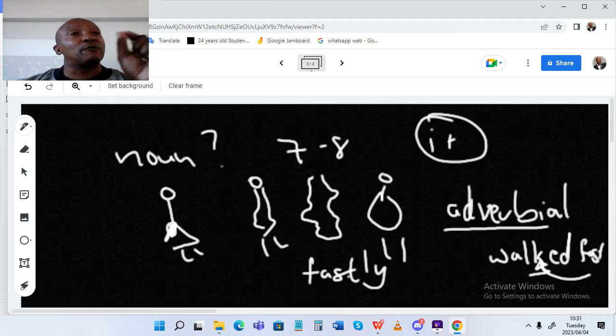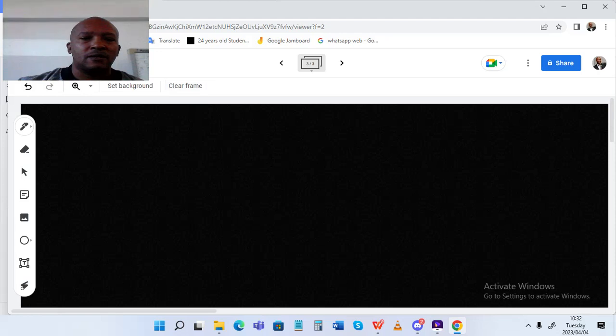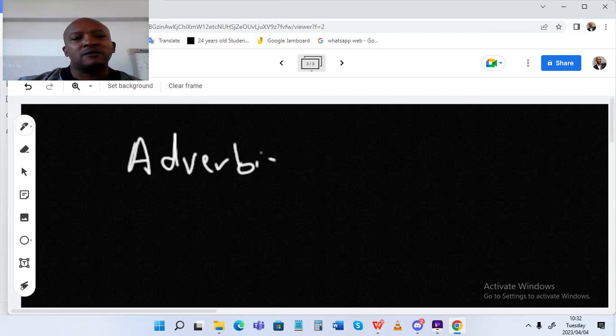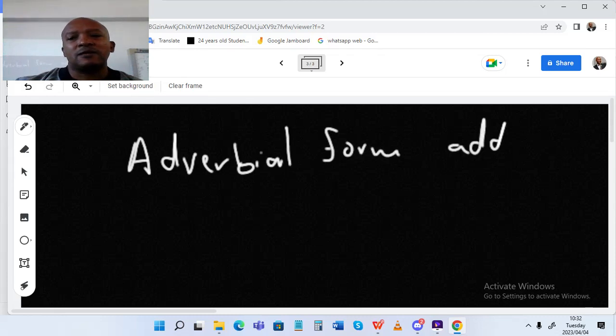Right there in your list at the back: for adverbial form, add ly. For adjectival form, you add any suffix or prefix that makes sense. Here's the word, adverbial form, add ly.